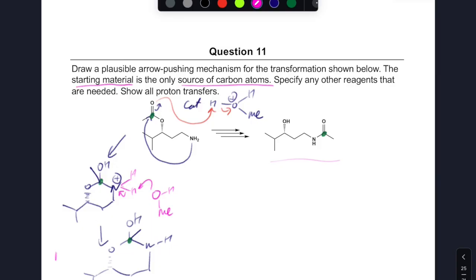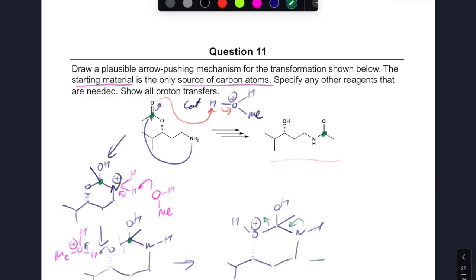So I'm going to pick up a proton over here, and that's going to give me protonation on the group I'm trying to eliminate. So now that I've got that one protonated, I'm going to push in with my nitrogen and break that bond to give me that free alcohol.